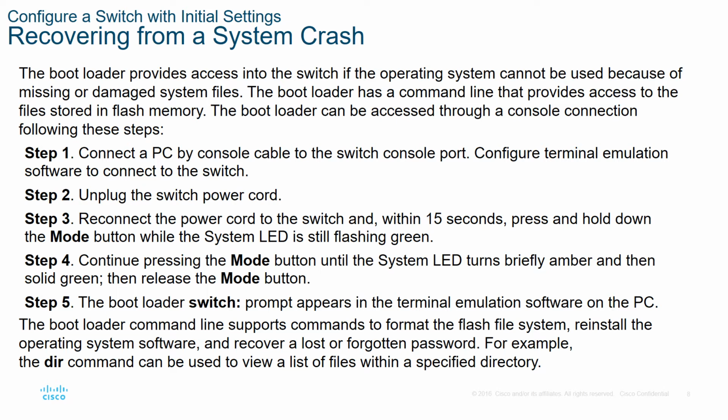So once we get the prompt on the PC, then by using DOS commands, we can navigate and see what files are available. For example, the dir command can be used to view the list of files available in the file system. In the same way, we can reinstall the iOS image, and we can recover the lost or forgotten password from the configuration files.